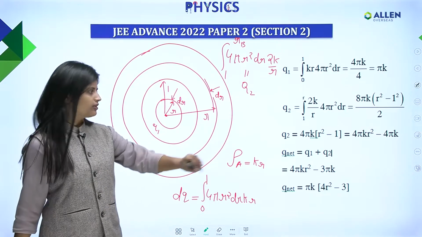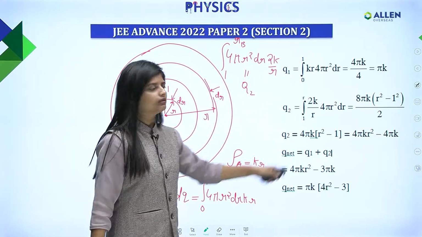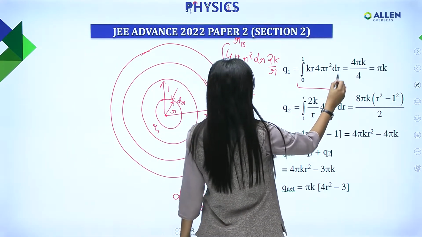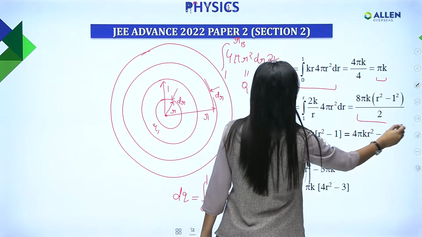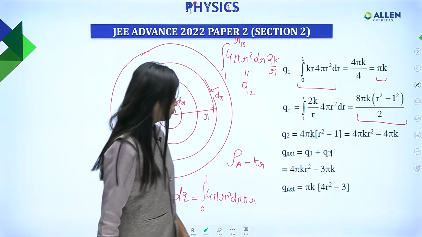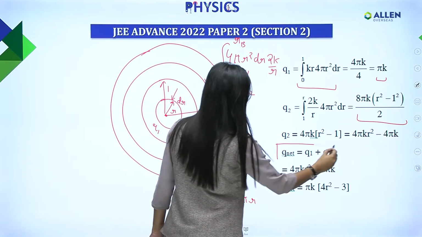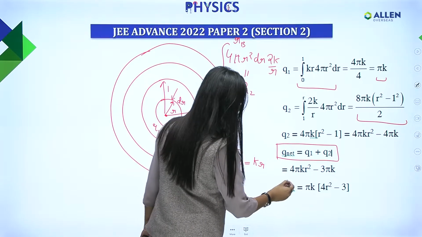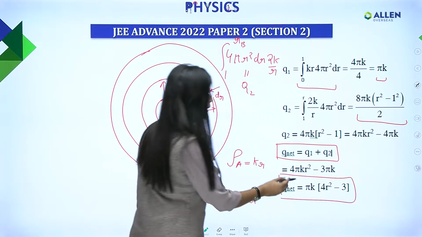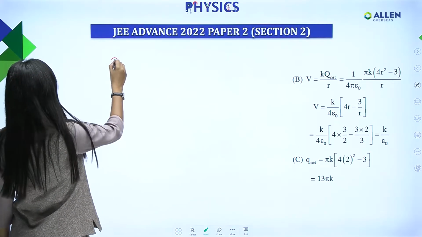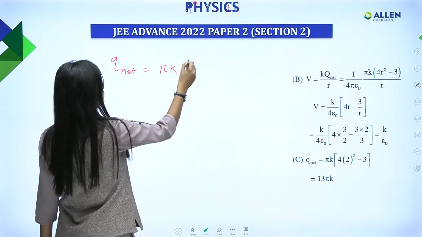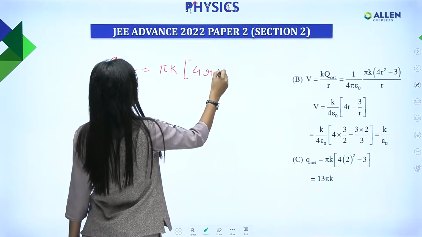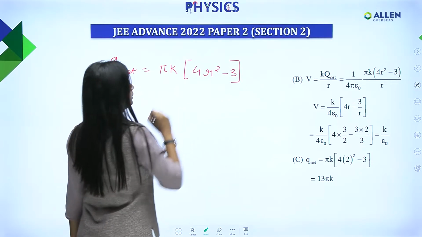So, same calculation is being done over here, okay. Q1 comes out to be pi k, and Q2 comes out to be 4 pi k (r square minus 1). So, Q net, which is Q1 plus Q2, will come out to be pi k (4 r square minus 3), okay.